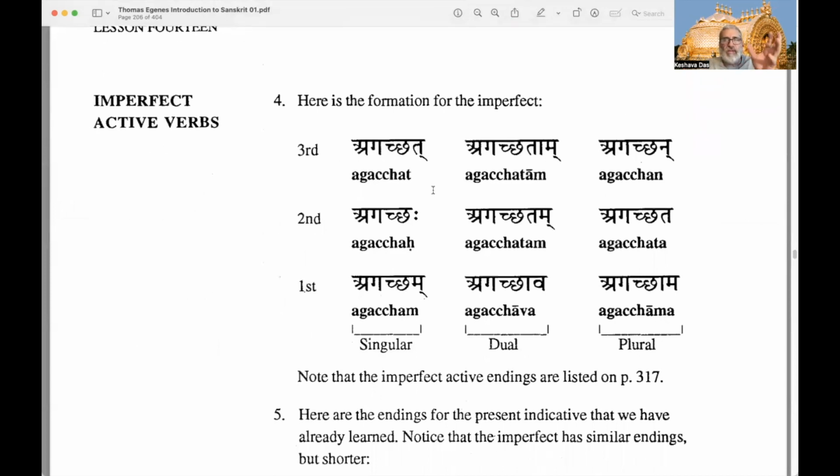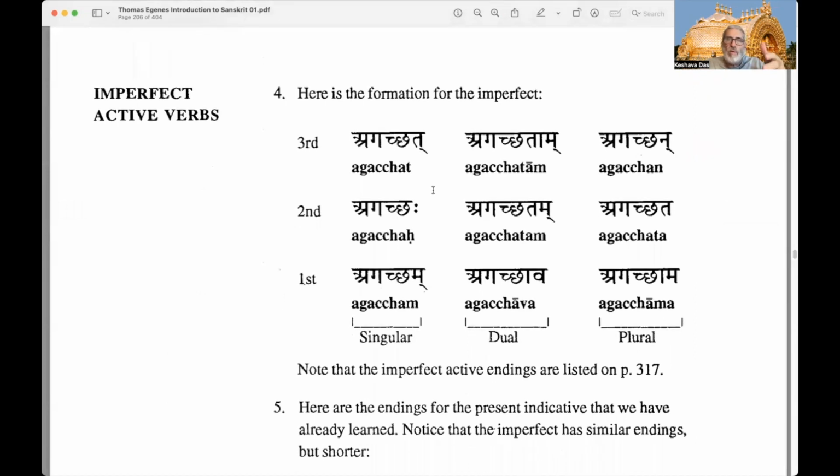The easy thing to do, since that was very technical, is just learn the verb and its past tense, and then all the other verbs like it will go in the same way. So we just learn a paradigm, an example verb. We have this verb gacch. Here is the formation of the imperfect.